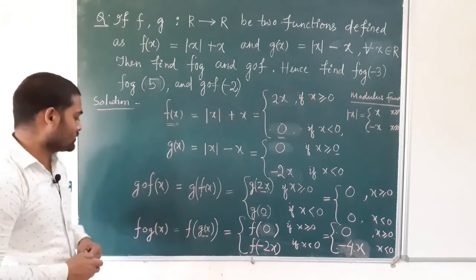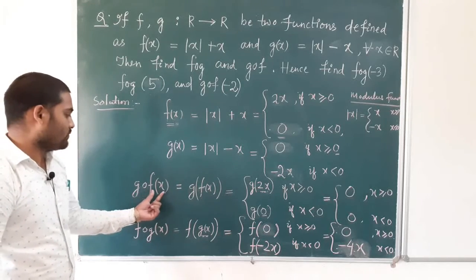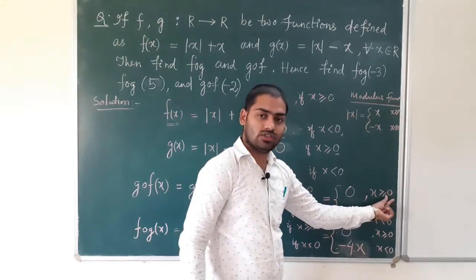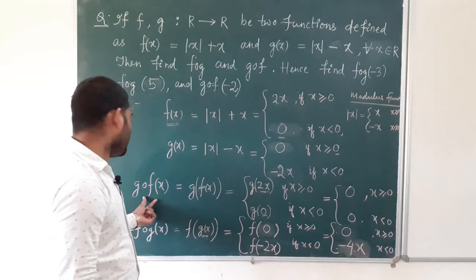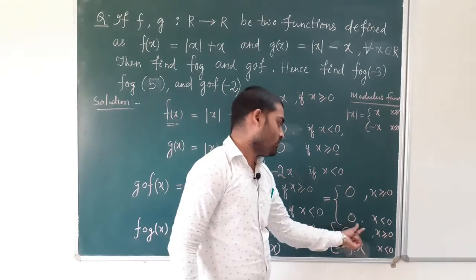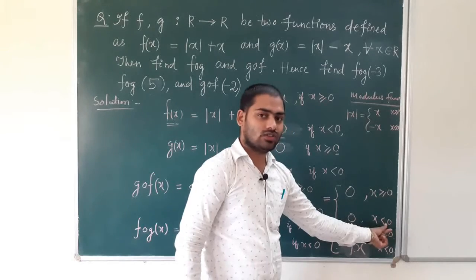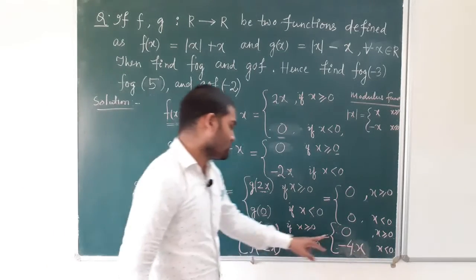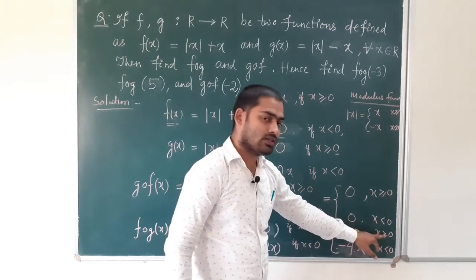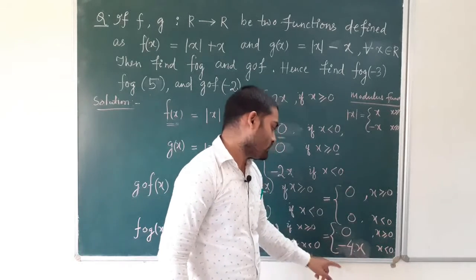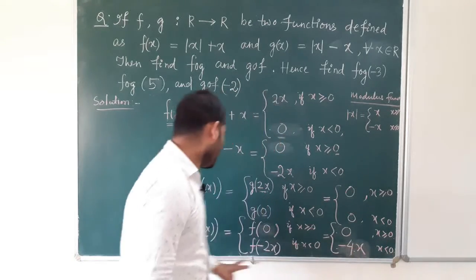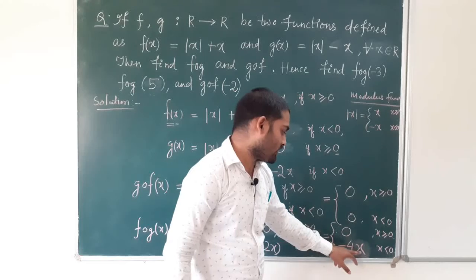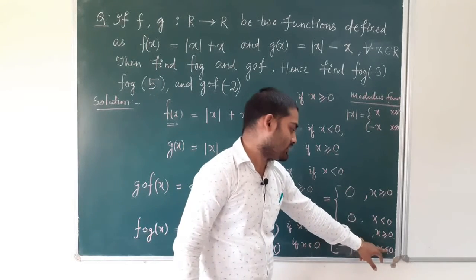Now we got g of f of x is 0 for x greater than 0, and for x less than 0. Fog of x is equal to 0 when x is greater than or equal to 0, and fog of x is minus 4x when x is less than 0.